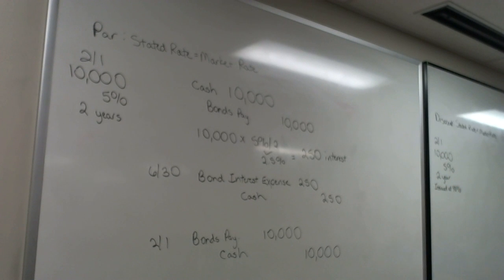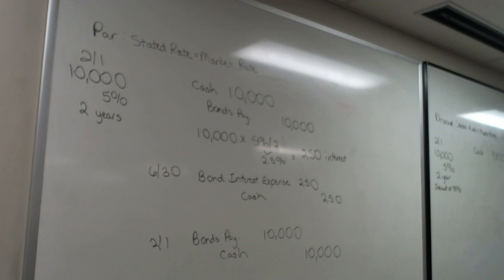Okay, so if we issued this bond at 98% of its par value, how much cash would we receive on that bond? 9,800. Yeah, we truly just take 10,000 times 98%. So the cash we receive is 9,800.